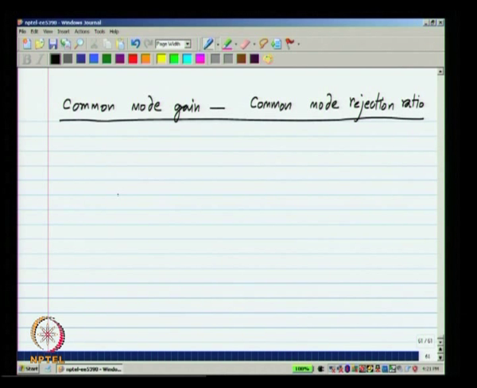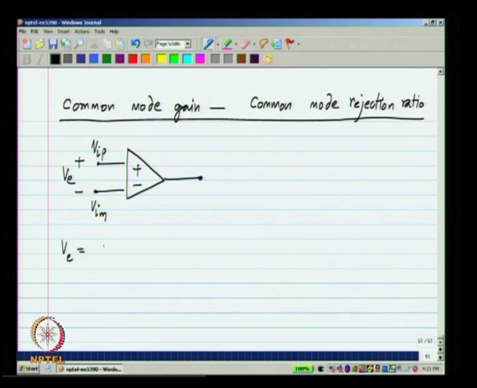Now, what is this thing? Again, the op amp is supposed to consider only the difference voltage between its two inputs. Let me call them VIP and VIM, and V equals VIP minus VIM, and the output is supposed to respond to only VIP minus VIM. Okay. It should look at only the difference.